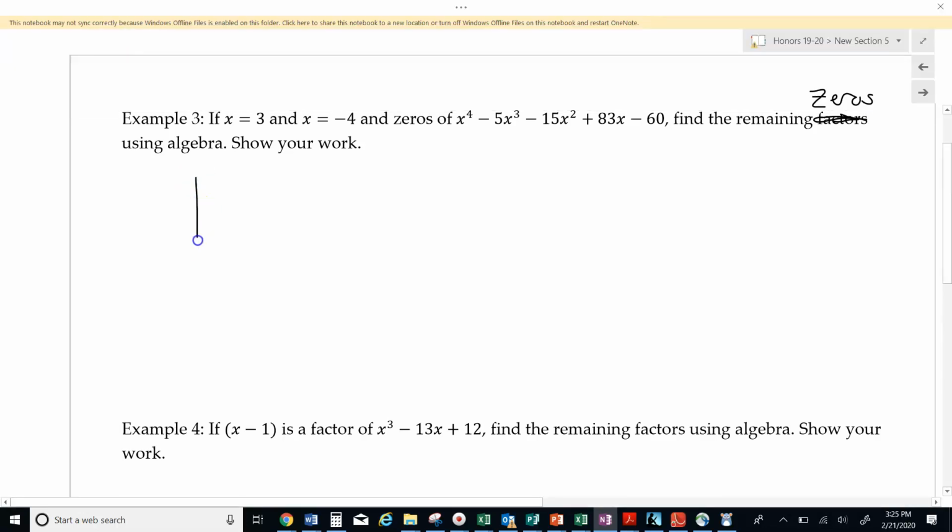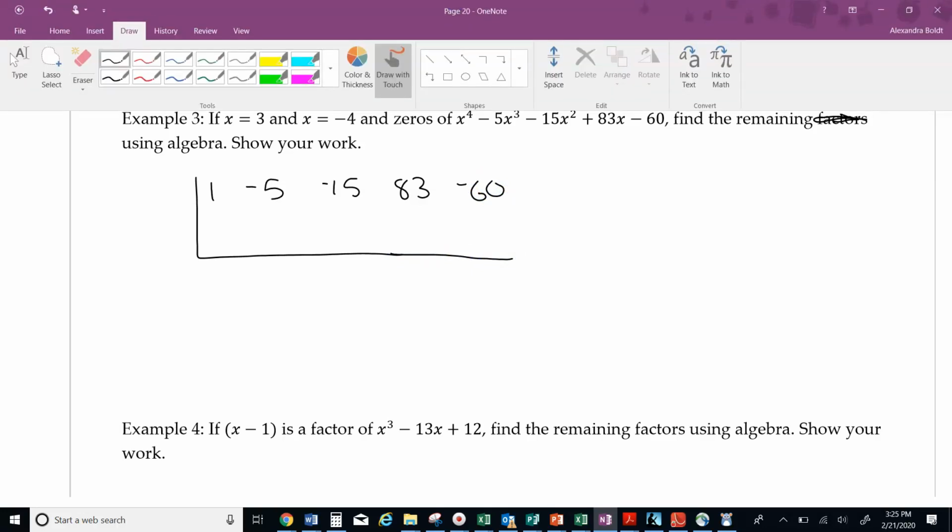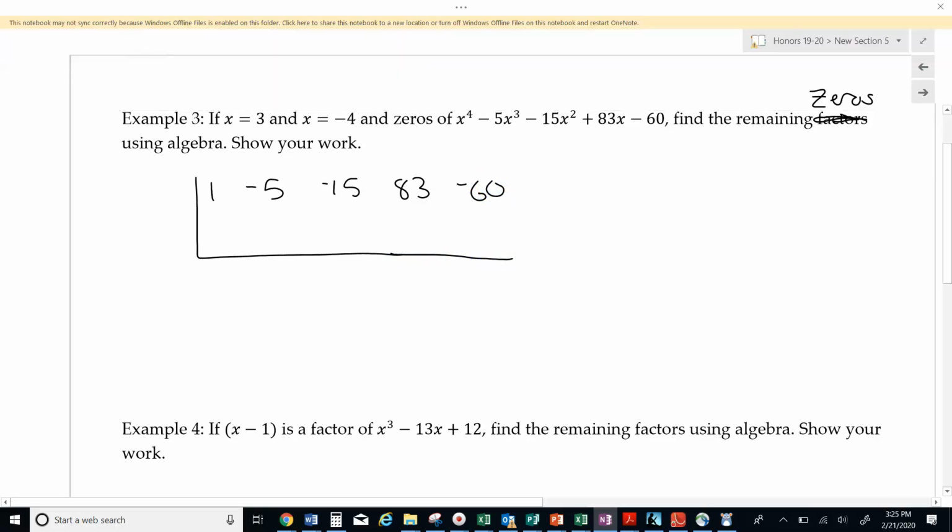So again, I'm going to start with my synthetic division. So I have 1, negative 5, negative 15, and negative 60. X equals 3. Okay, now I'm given 2 zeros in this one. You just have to choose one first. So we'll do this one first. I'm going to put the 3 on the outside. 1 times 3 is 3.